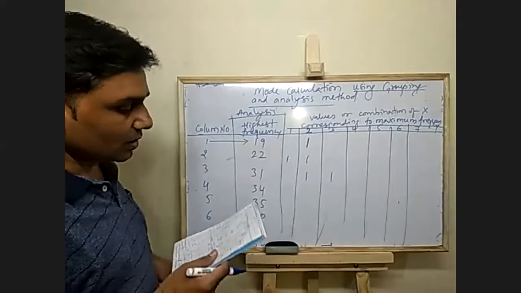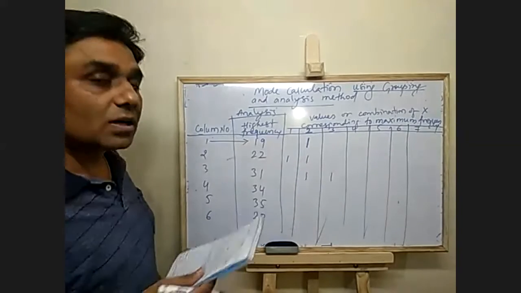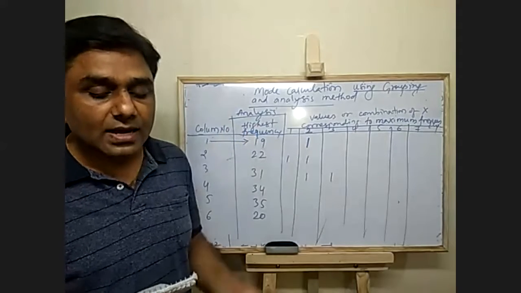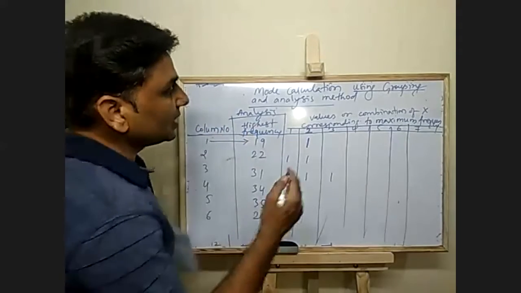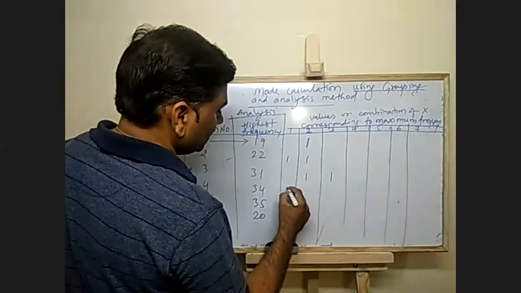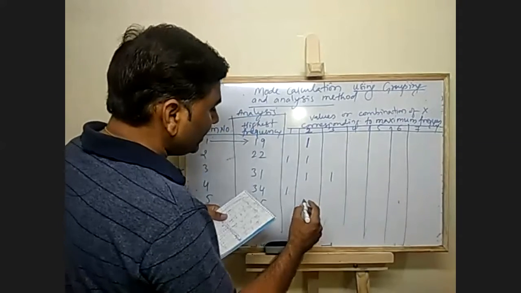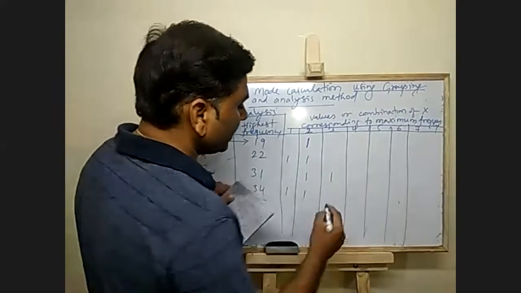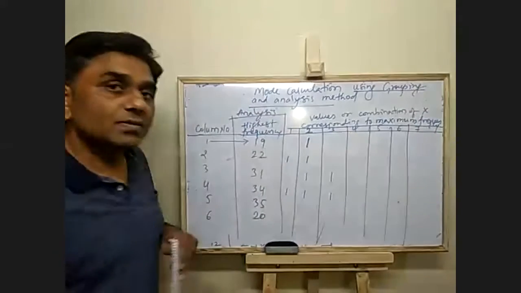Likewise, 34. How did we get 34? 34 is the combination of the first three frequencies, that is 3, 19, 12. And 3 is appearing in x1, 19 is appearing in x2, and 12 is appearing in x value 3.